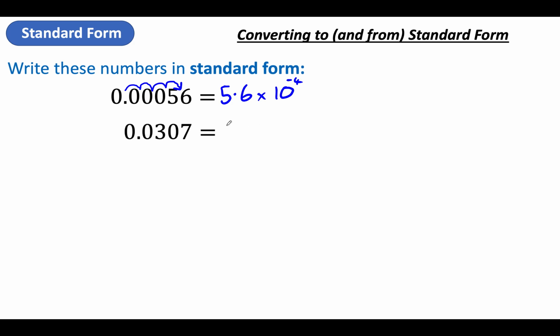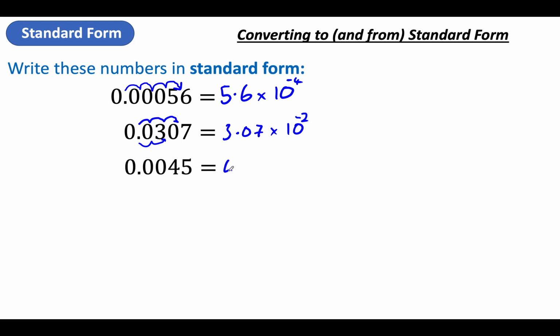Okay, same with this one. My decimal part would be 3.07. And it's gone 1, 2, 3. Well, no, it hasn't gone 3 places, has it? It's really 2 places smaller, sorry. So negative 2. 3.07 times 10 to the power of negative 2.